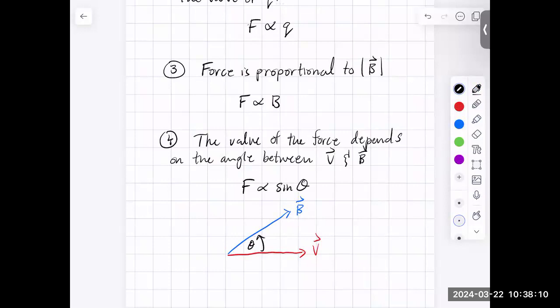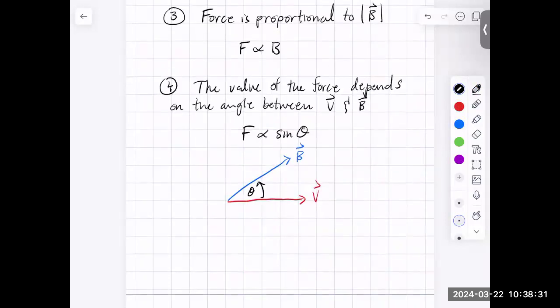So just like before, what we found is that if I had a moving charge creating a magnetic field, the magnetic field was a maximum at a position that was perpendicular to the velocity. And that's because the sine of 90 degrees is equal to 1. It's the maximum value of the sine.